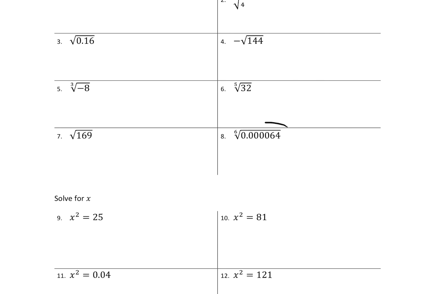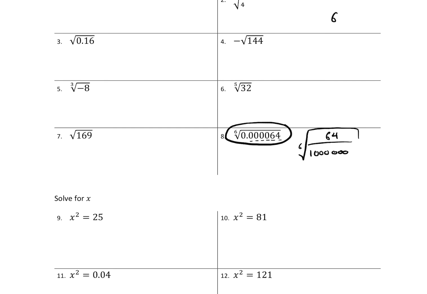Simplify. I'm going to do this one because it's probably going to upset you. Tens, hundreds, thousands, 10,000s, 100,000s, millionth. So you actually have 64 over 1 million. And you're looking for the 6th root of that.